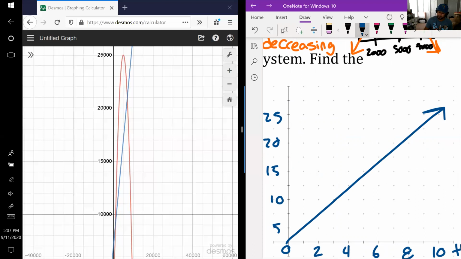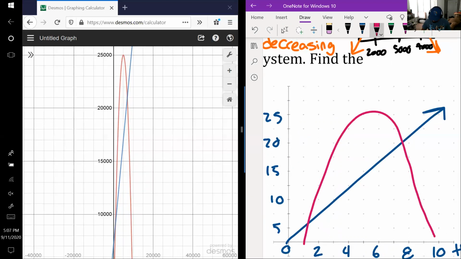So there's cost, and then here's going to be my revenue function. And we know at these exact points, these are the break-even points.